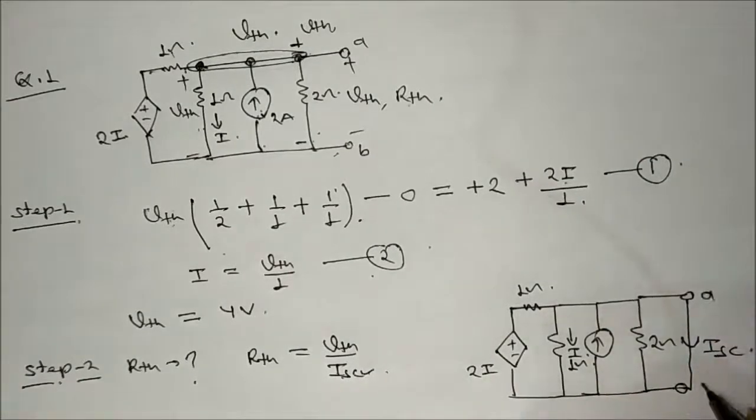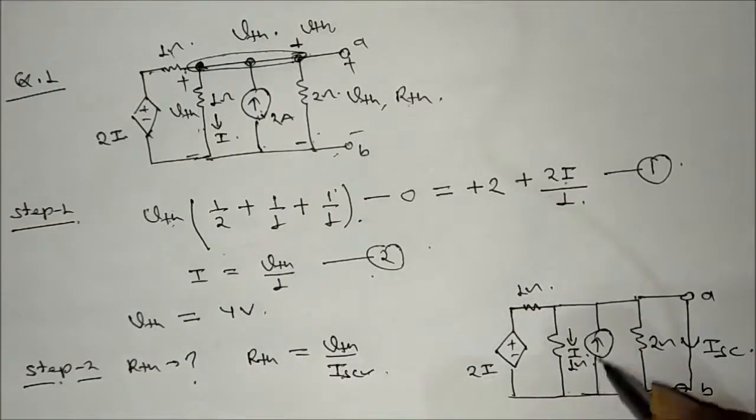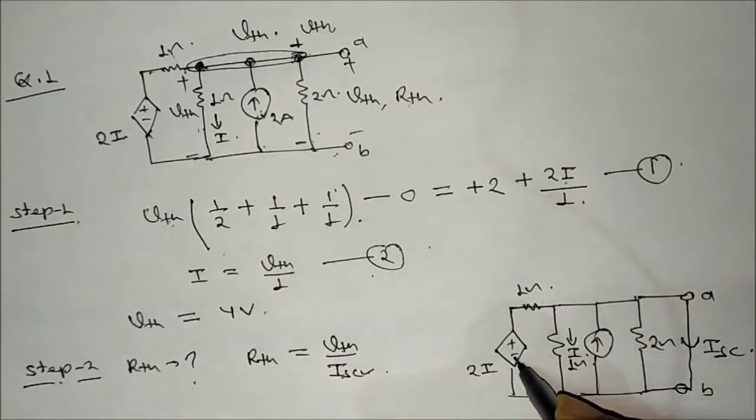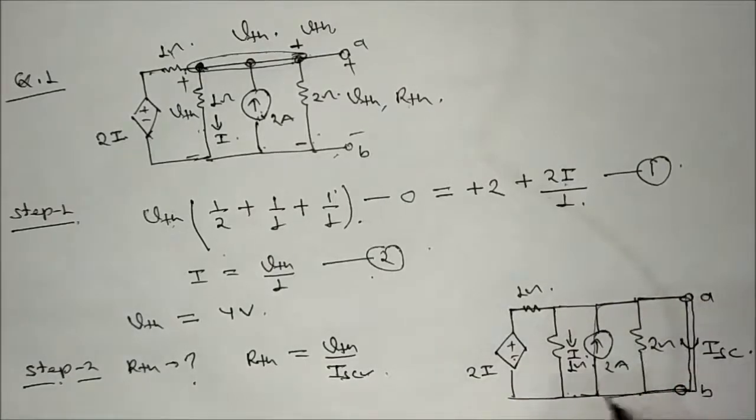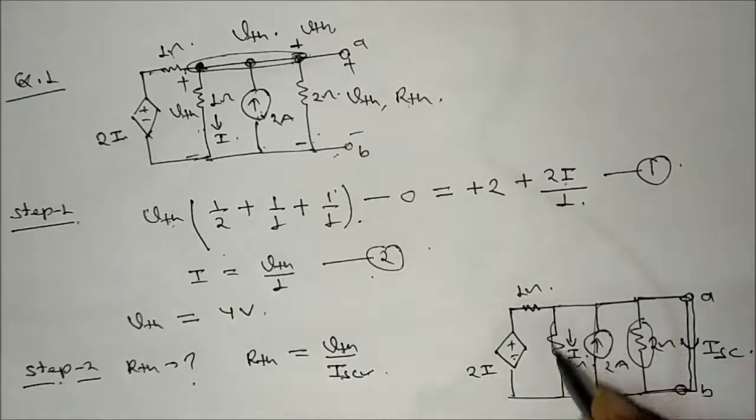This is the shorted terminal AB. If it is shorted, this one is also shorted. This current source, this is a dependent voltage source. This is depending upon this current. This current source of 2 ampere will flow through the shortest path. Is it okay? If the current is flowing in this path, that means this current I will be 0.